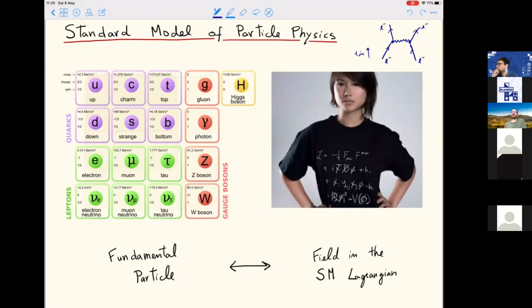And it's very precise, so it measures it with many digits. I can't remember how many, but 8 digits or 6 digits, something like that. So it's a challenge for theory to match that, right? Because it's a very precise measurement. So can the standard model predict that number?